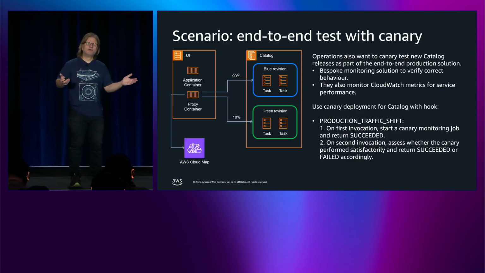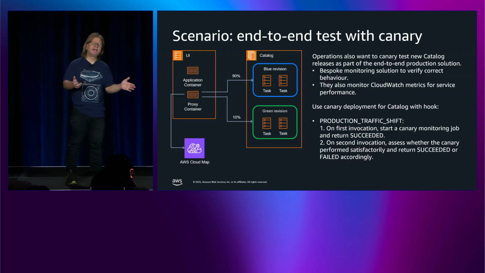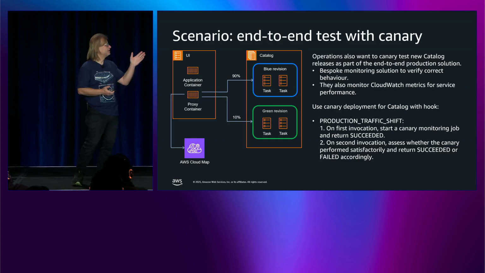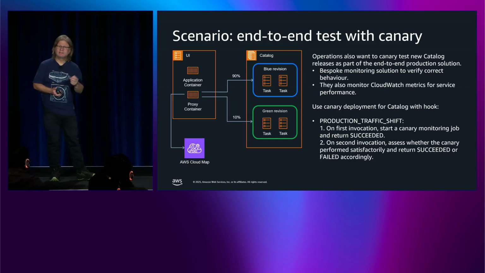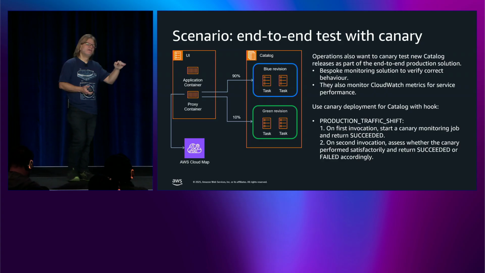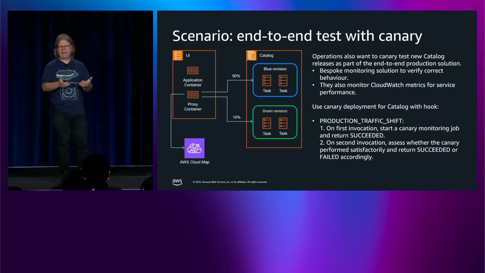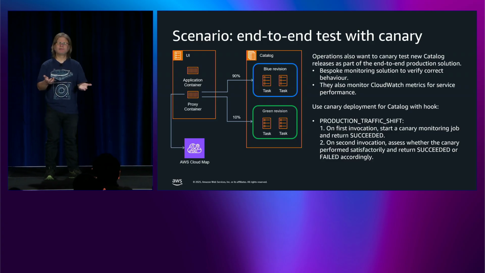That continues for the duration of the canary bake time. And at the end of the canary bake time, the production traffic shift hook is called for the second time. And at this point, the results of the monitoring are collected and analyzed to determine whether the canary has performed successfully or not.